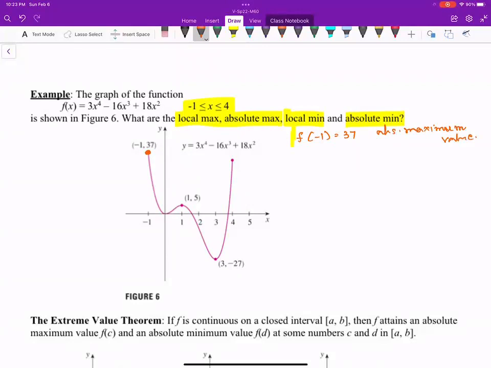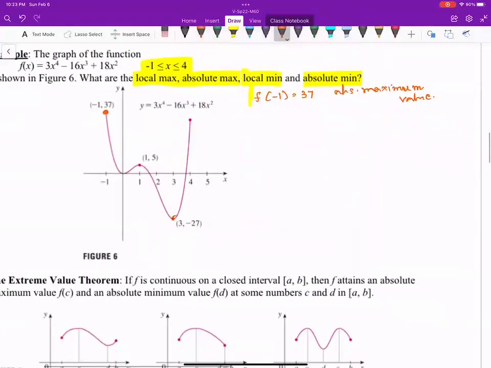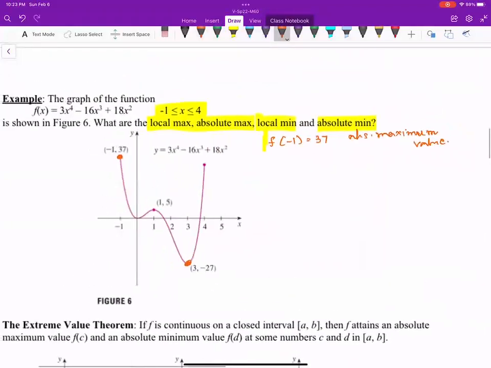Right? Then what is happening at 3, -27, this point? So -27 seems to be the lowest among the y values in the entire graph. So we can write f of 3, which is equal to -27, as the absolute minimum value.